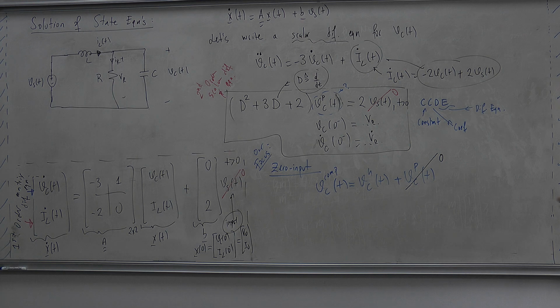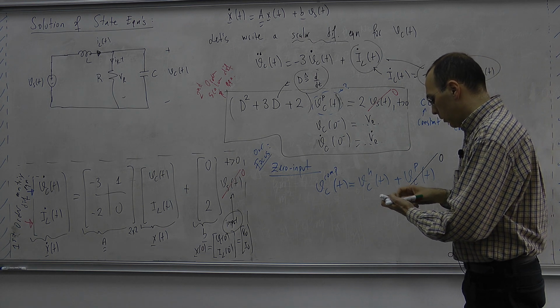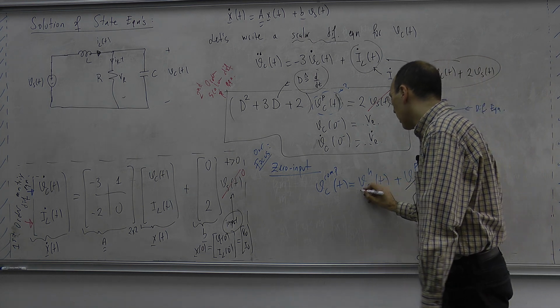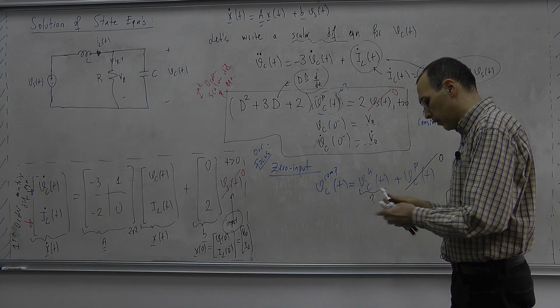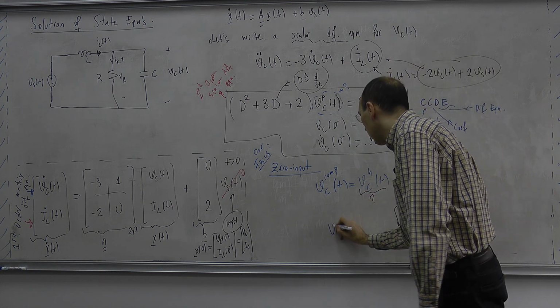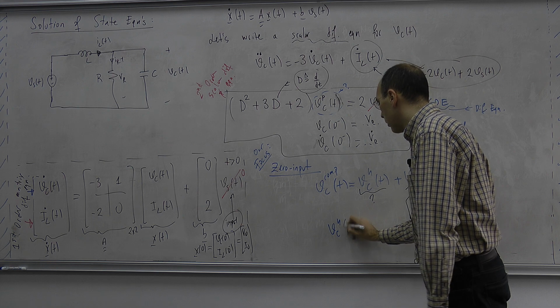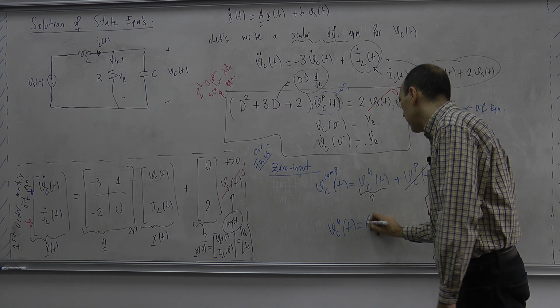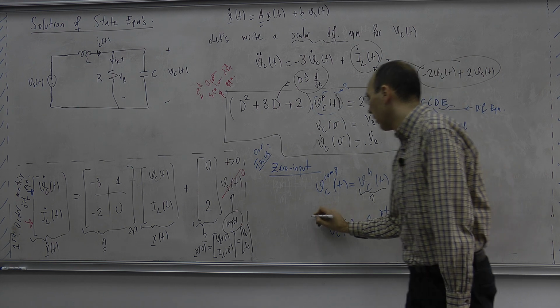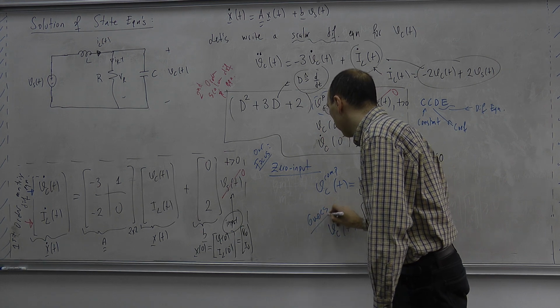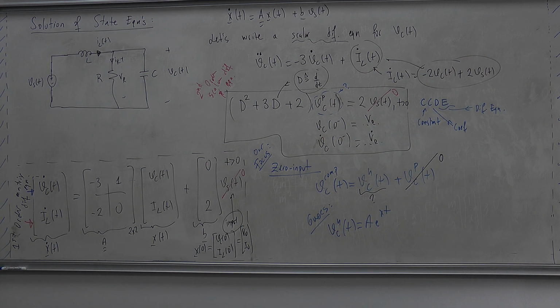Now, good. Next, how can I find this part? You may remember that we have a procedure for finding this. So we say that we are making a guess. So what is that guess?